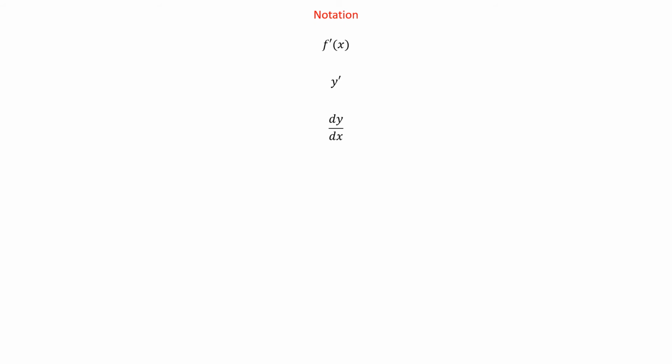Dy over dx is Leibniz's notation. So this one, why dy over dx? Well, we start out with, it's a slope. It's the change of y over the change of x, which we write as change of y over change of x. Except that, so that's the capital delta.